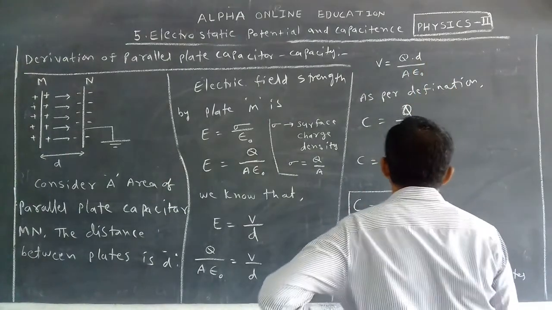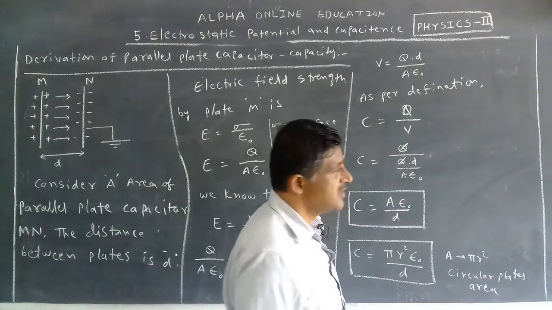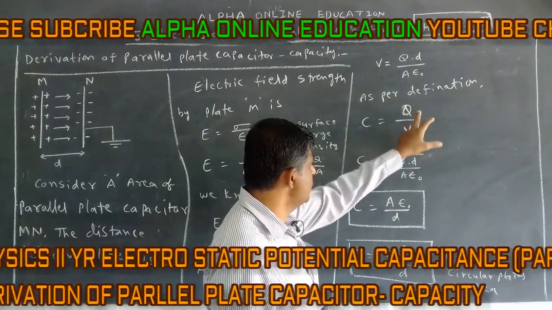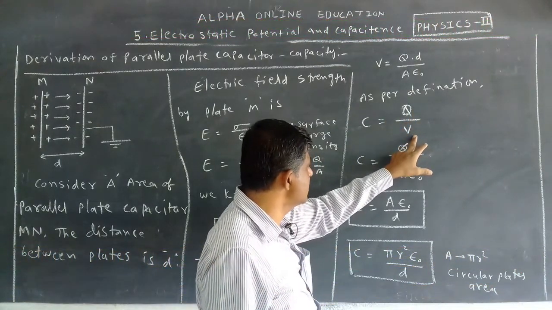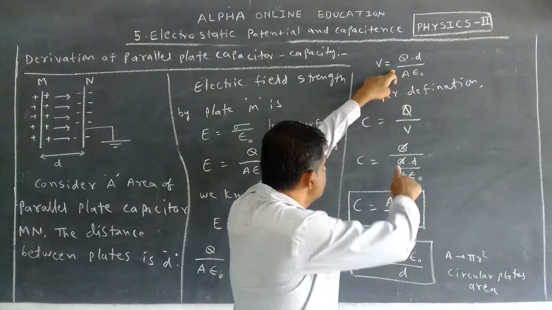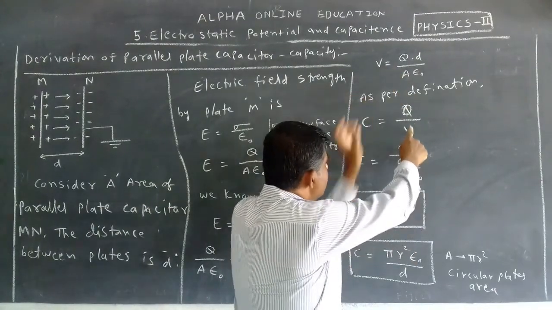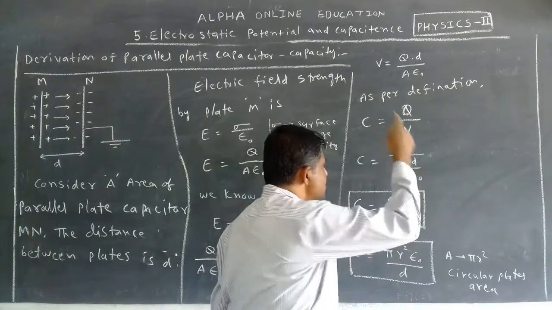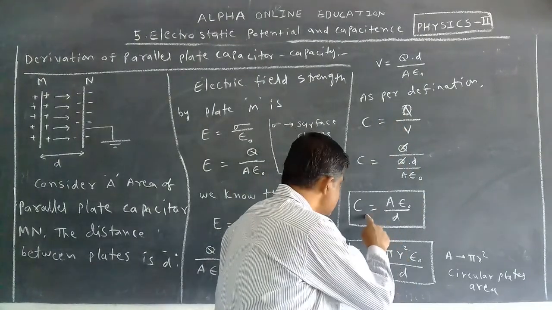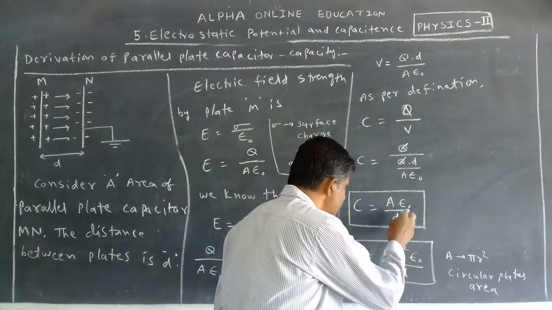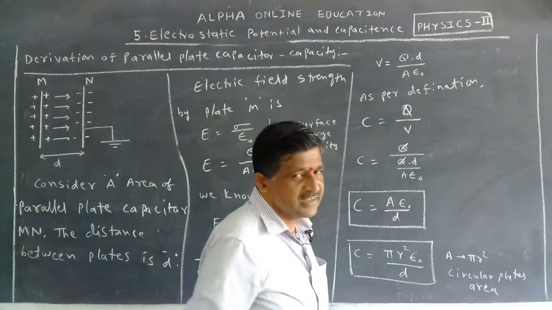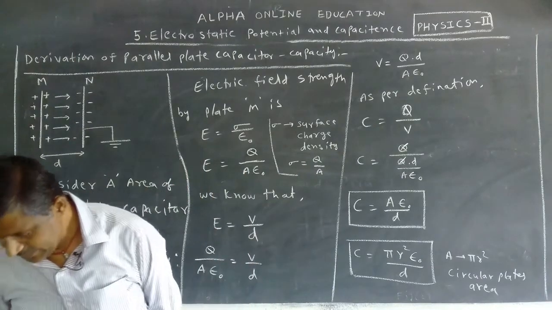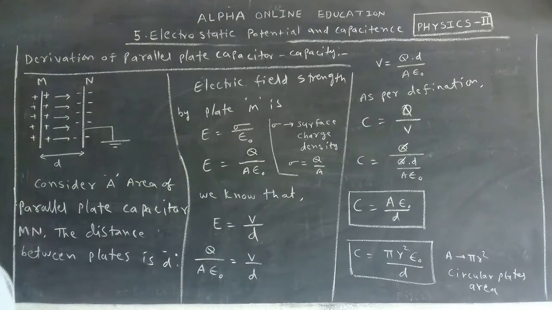As per the definition, what is the mathematical form for capacity? C is equal to Q by V. At the place of V you write this value, Q into D by A epsilon naught. Q cancels. So we get C is equal to A epsilon naught by D. This is the mathematical form for parallel plate capacitor capacity.